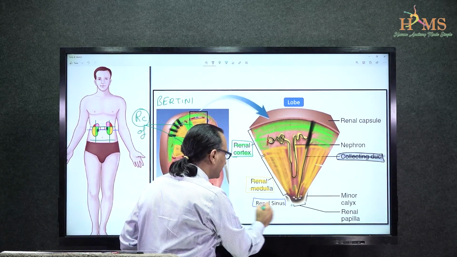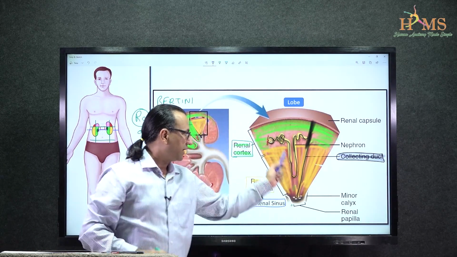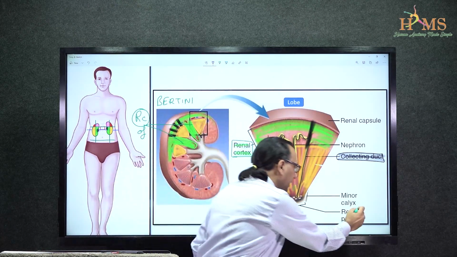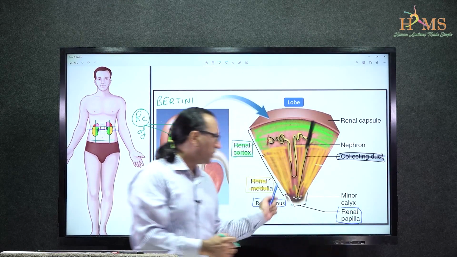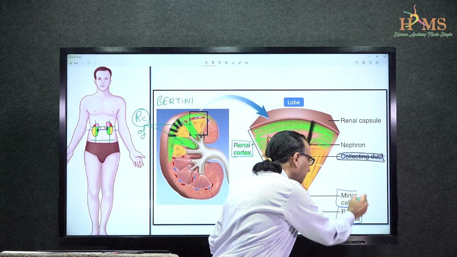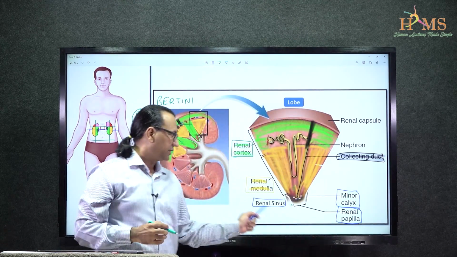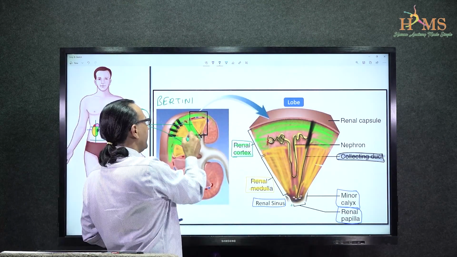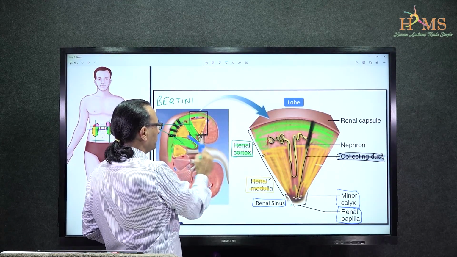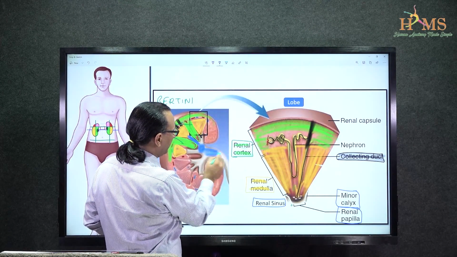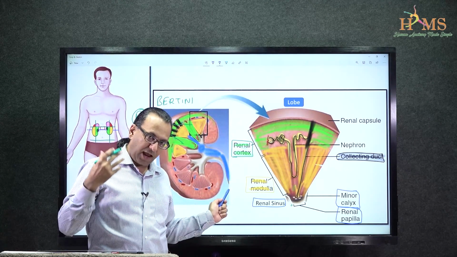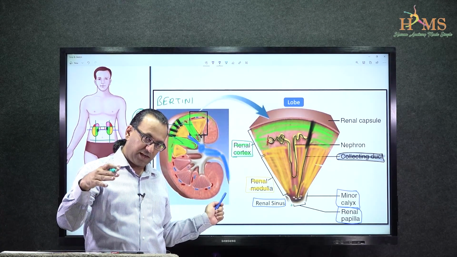In the renal sinus, you will see the tip of the medulla, the renal papilla, where the urine is being sent. From the renal papilla, the urine will move into the minor calyx, and from the minor calyx in the renal sinus, the urine will be taken towards the major calyx, the renal pelvis, and then the ureter.